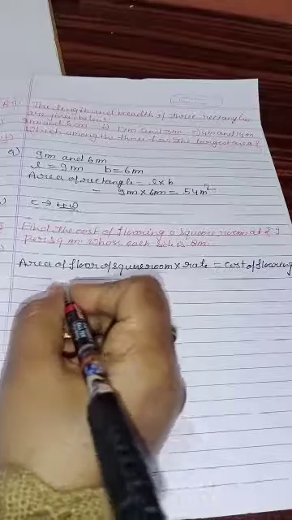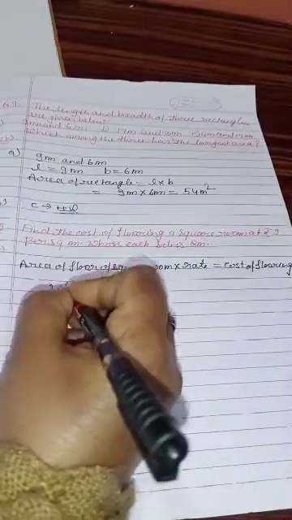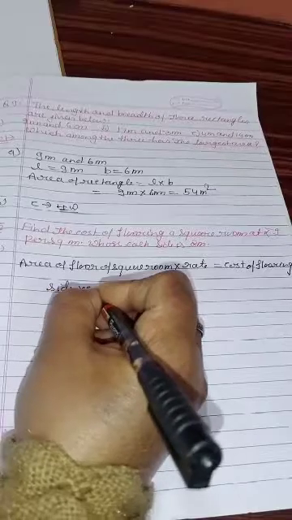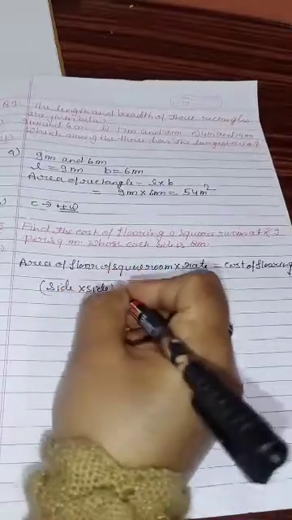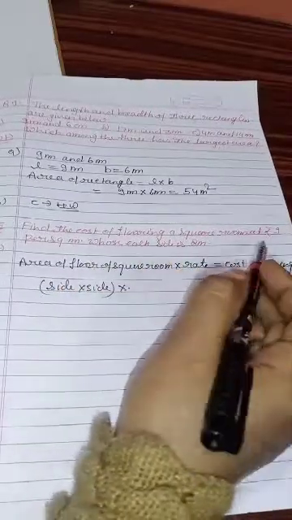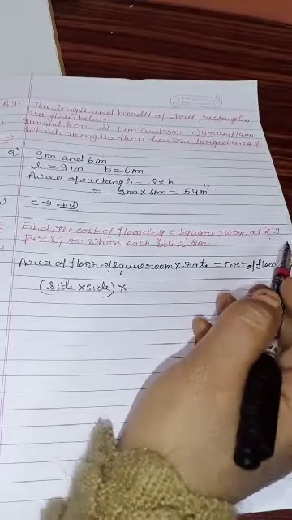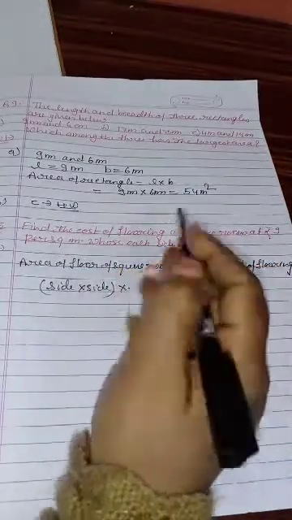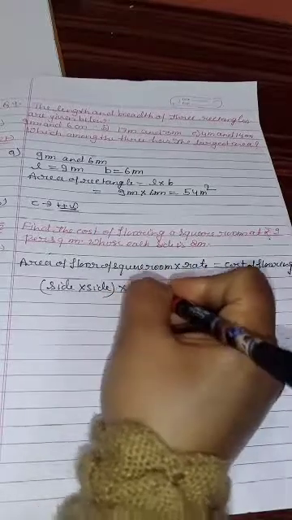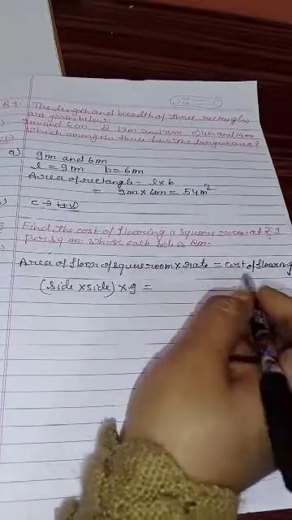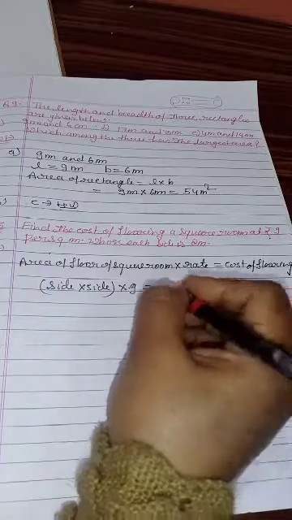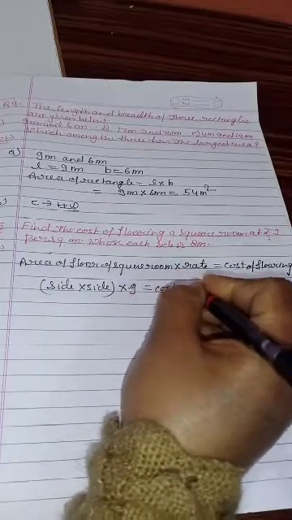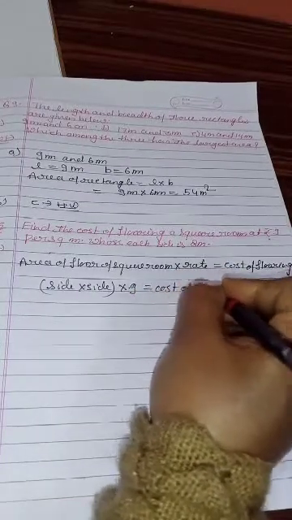Area of square room means, what is the formula for area of square? Side into side, multiplied by rate. How much is the rate given? Rate is given to you, beta, 9 per square meter. So 9 is equal to cost of flooring. We have to find the cost of flooring this time.